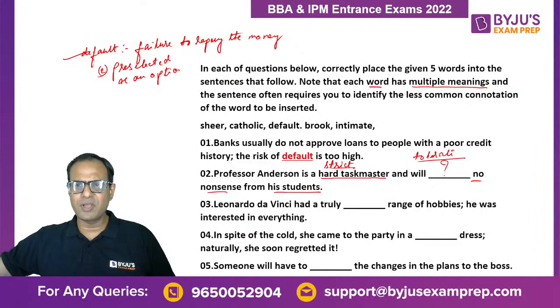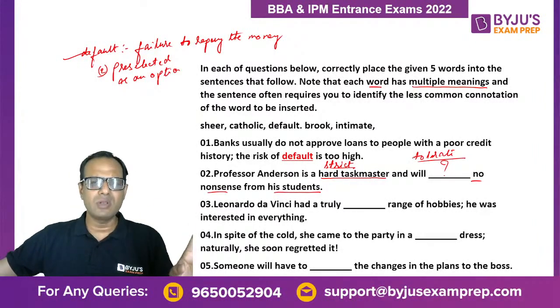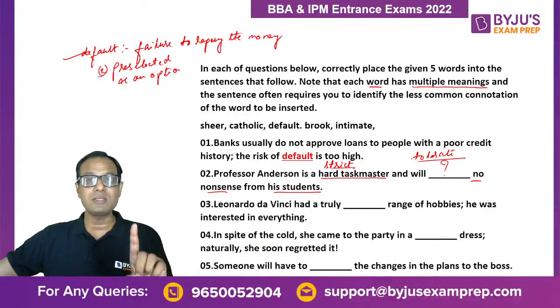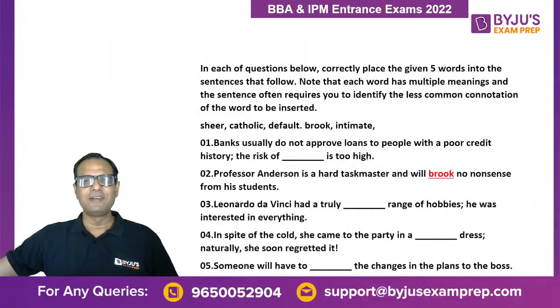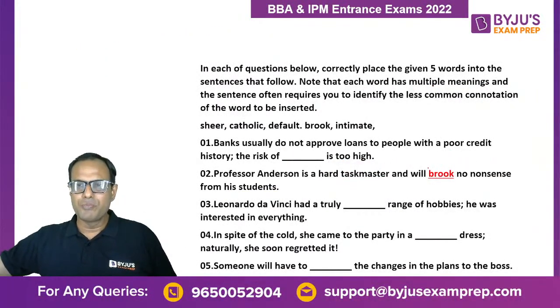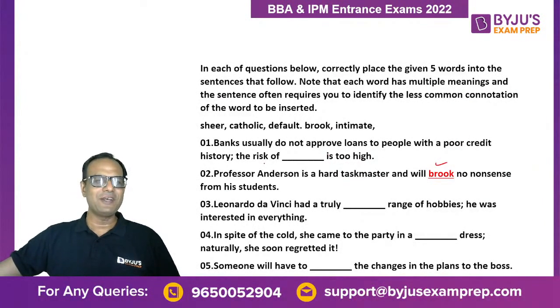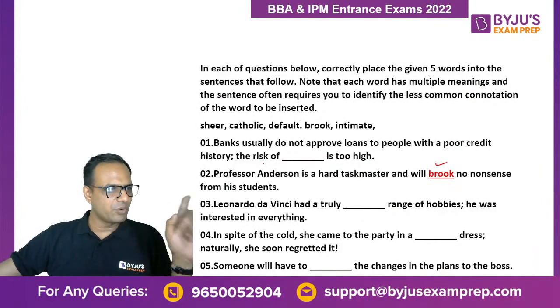What is the feeling? He will not tolerate any nonsense from his students. So the meaning is tolerate. Let us see what the word is going to be. The word is brook. Boat solver has answered that the fifth one is intimate, the second one is sheer.